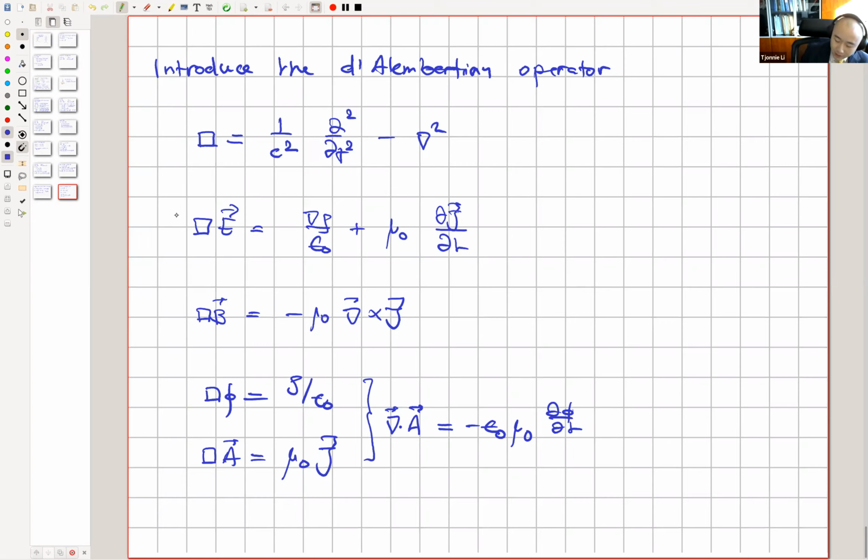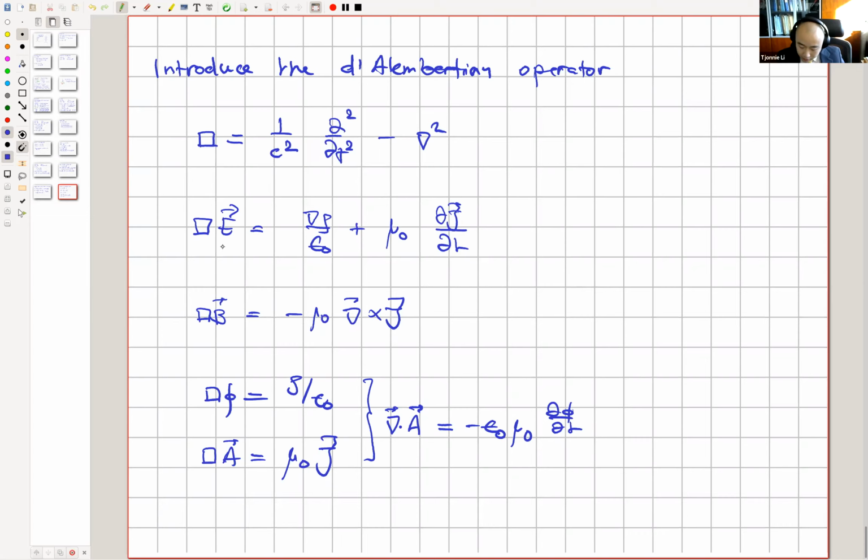Okay. Now, I want to close out by teasing something here. As I was already saying, there are hints of relativity here. For one, this here is a constant, 1 over c squared.